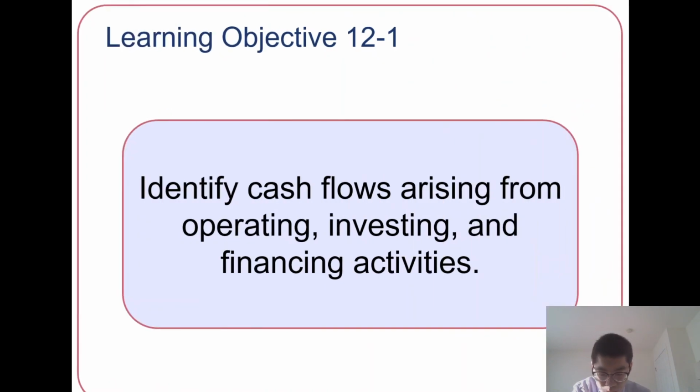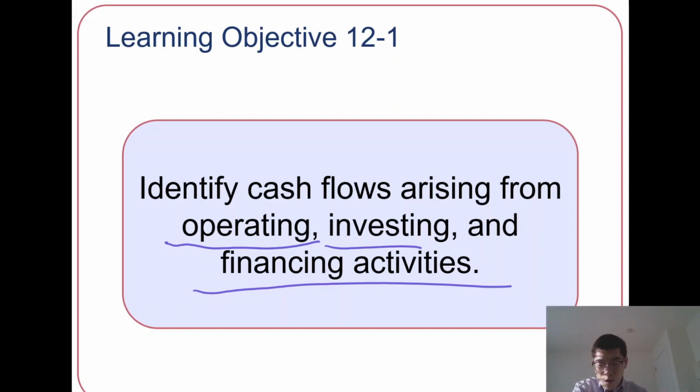So, identify cash flows arising from operating, investing, and financing activities. Remember in chapter 1, when we talked about business operations, we talked about three different activities. First is operating activities, second is investing activities, and the third is financing activities. Operating activities are pretty intuitive.